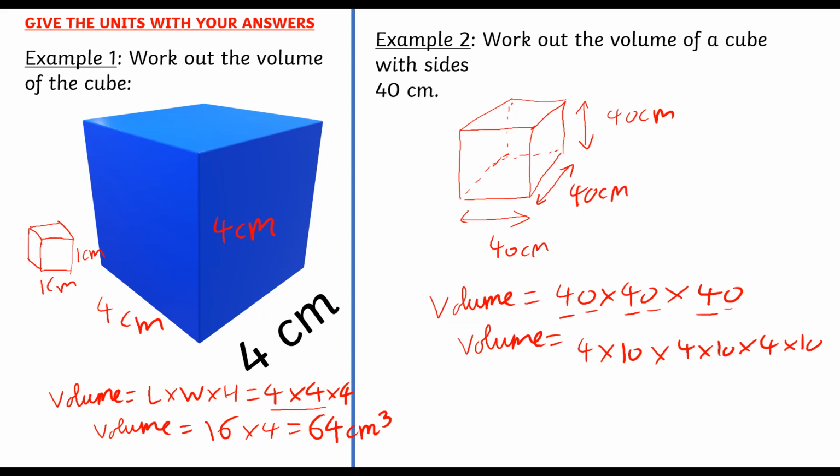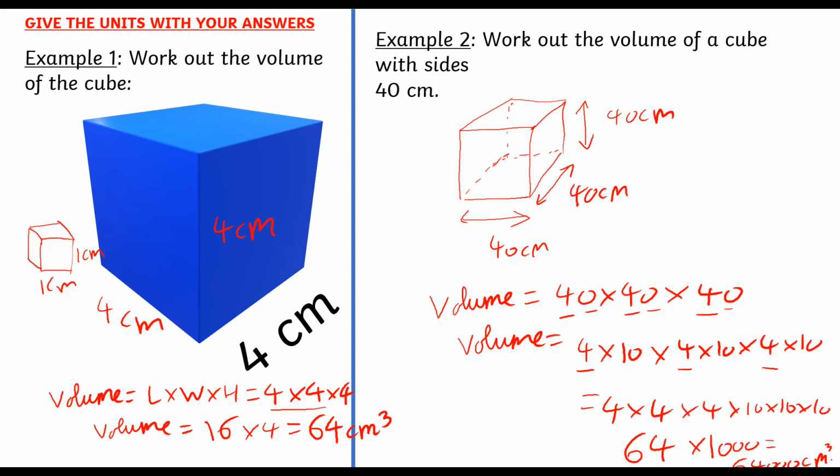But I can multiply in any order. So I can think of that as 4 times 4 times 4 times 10 times 10 times 10. 4 times 4 times 4, we know from the first question, is 64. 10 times 10 times 10 is just 1,000. So I've got 64 times 1,000, which is 64,000 centimeters cubed.